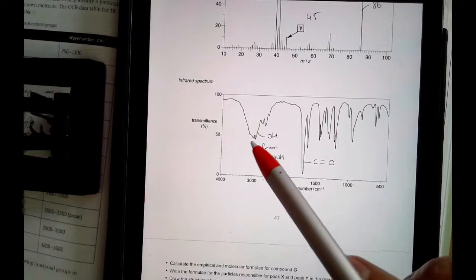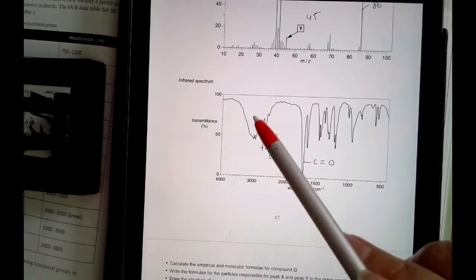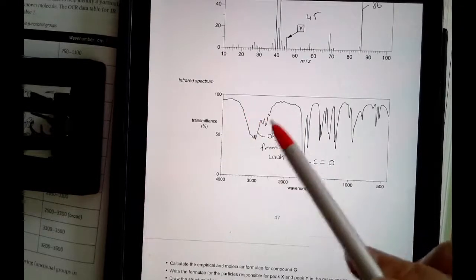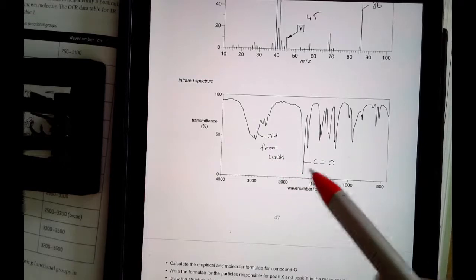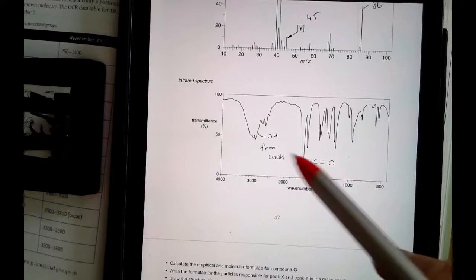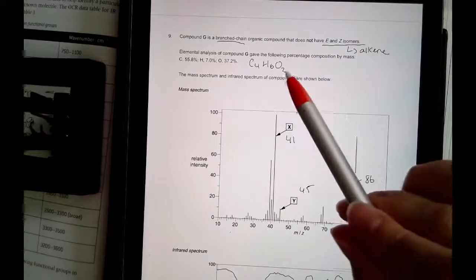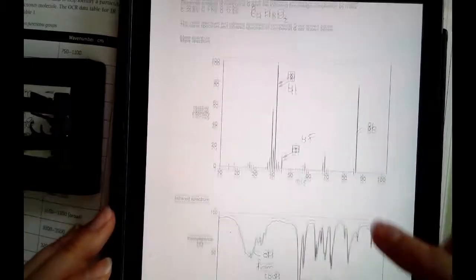So you'll see that these peaks can look a little bit different on different spectrum, okay? But as long as it's within the range and it's a clear peak, you know, if it was all the way up there, there'd be nothing, but it is a clear peak in that range. So that's the OH from the carboxylic acid. So the fact that I've got a carbonyl group and I've got this OH from the carboxylic acid, that tells me I must have a carboxylic acid functional group, and that fits with my formula. I've got 2 oxygens, which is consistent with the carboxylic acid.